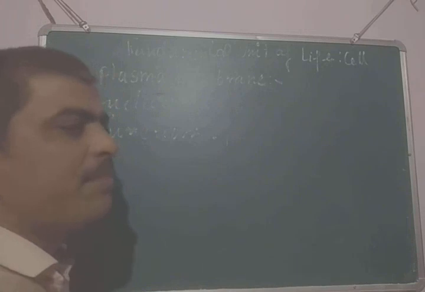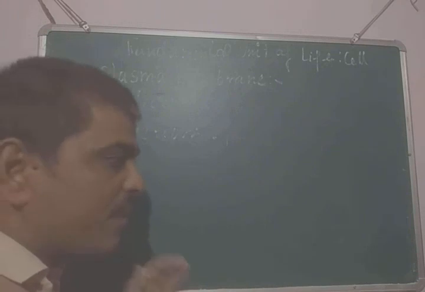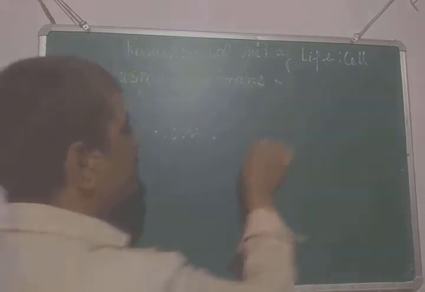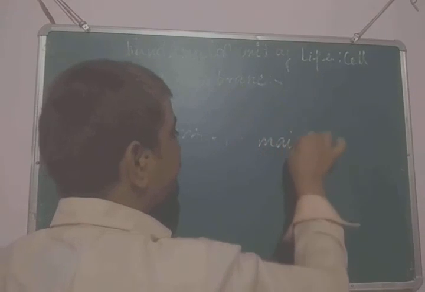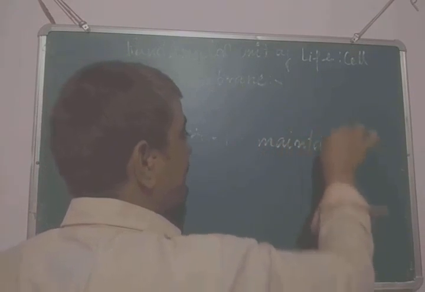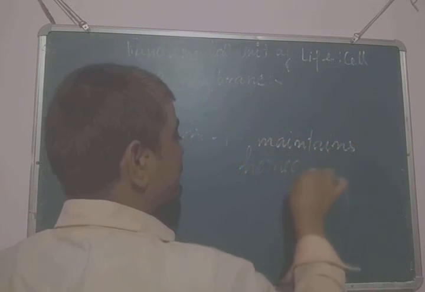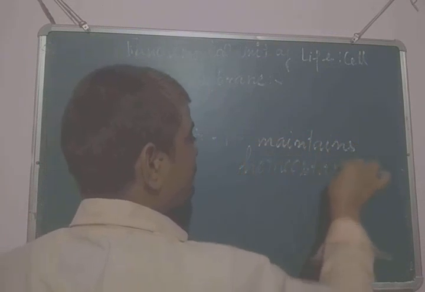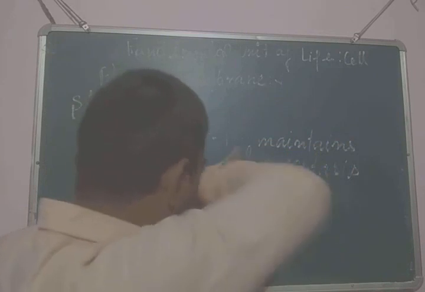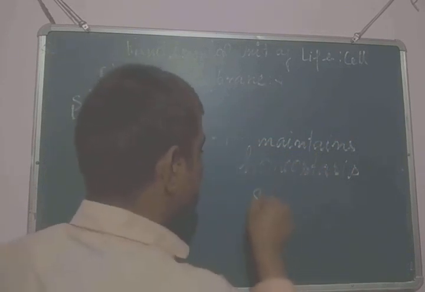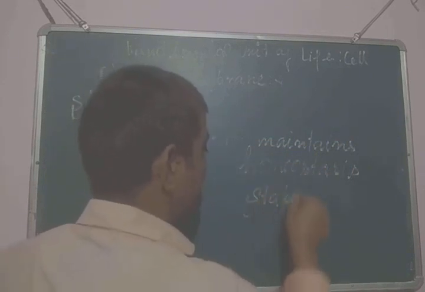Besides this, the plasma membrane maintains the homeostasis of the cell. Homeostasis means a stable state, stability.